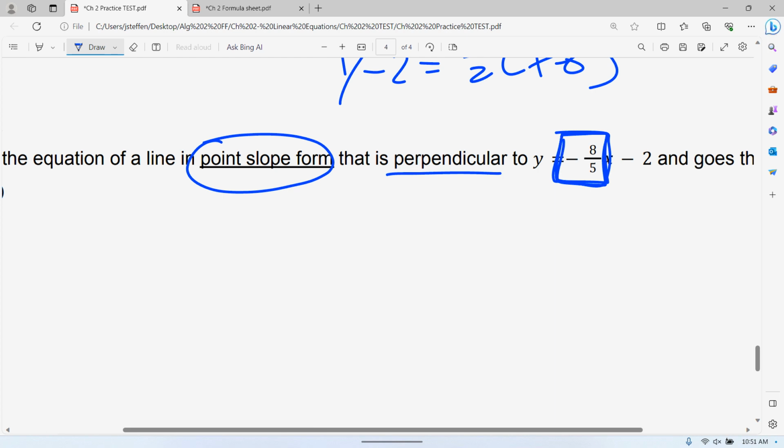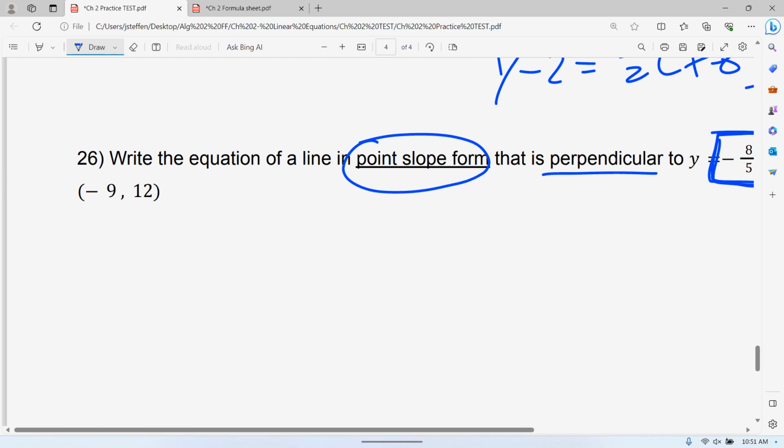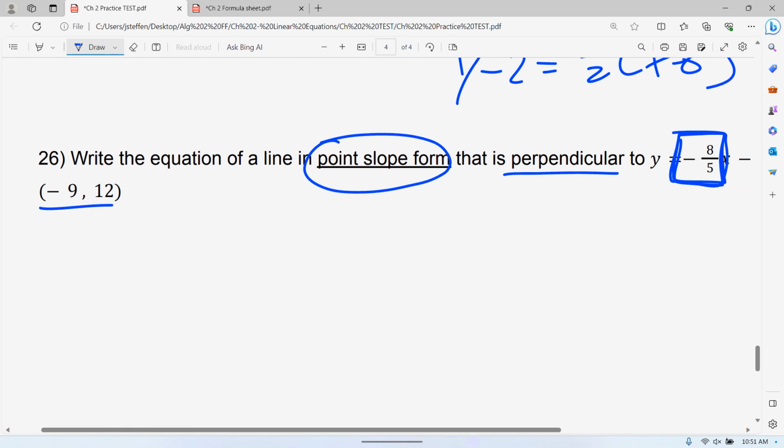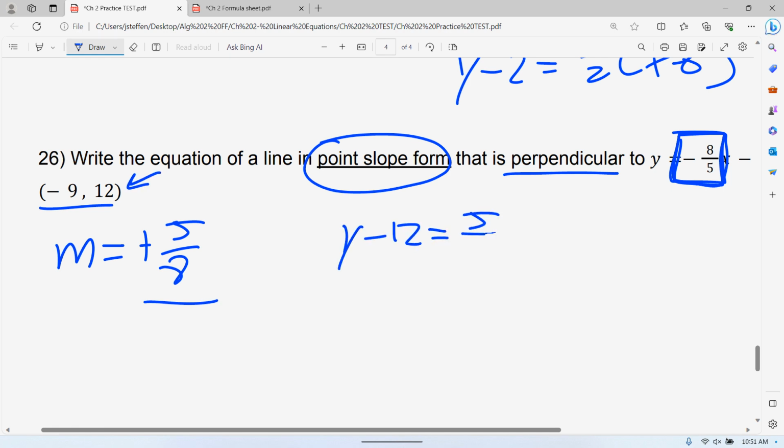So my slope is going to be the opposite reciprocal, so +5/8. My point, put it in point-slope form: y minus 12 is equal to 5/8 times x minus -9. And minus negative is positive. So that is your answer for this one.